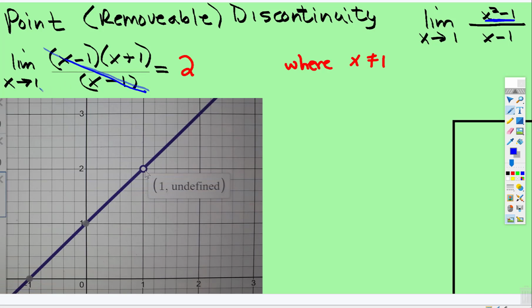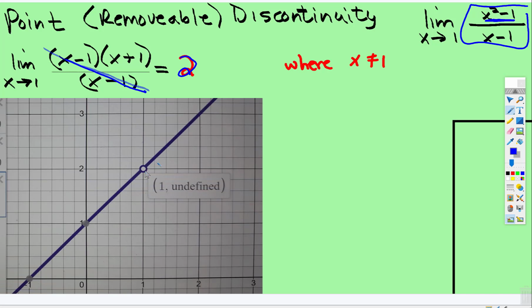And now when you substitute 1 into this, you have the height of 2. And if you look at the graph, over here I plugged this graph into Desmos, and when I touched this point right here, it showed that there is a hole that appears.